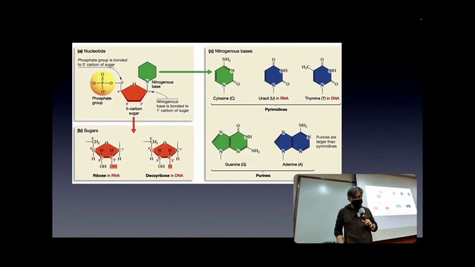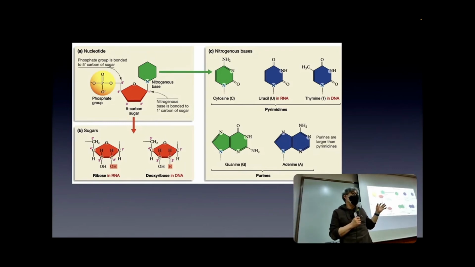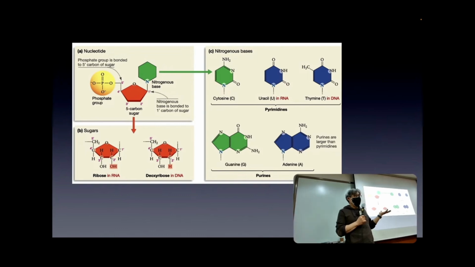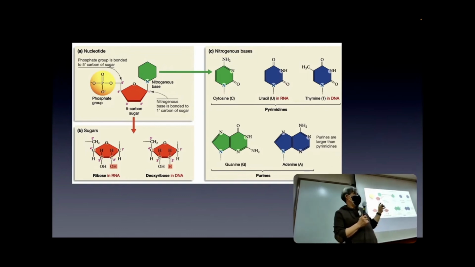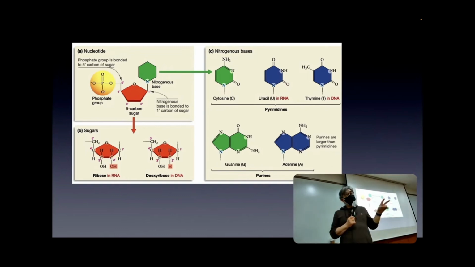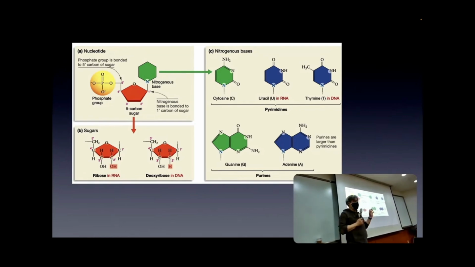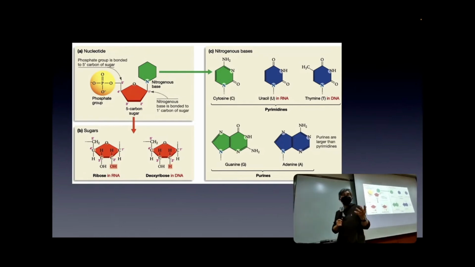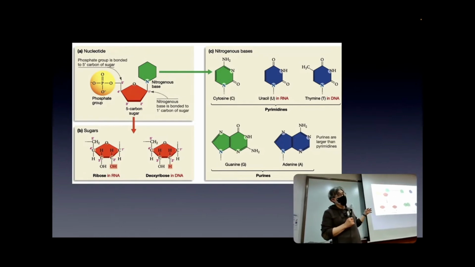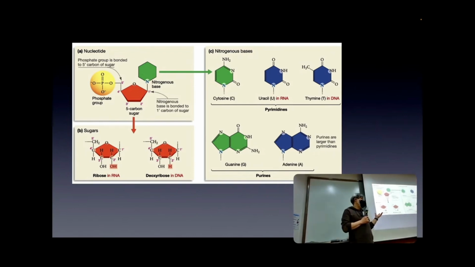So last week we looked at the basic components of nucleic acid. Assuming that nucleic acid includes only two members, DNA and RNA, both of them are fairly important material. DNA is very important because it serves as the genetic material. And what about the RNA?